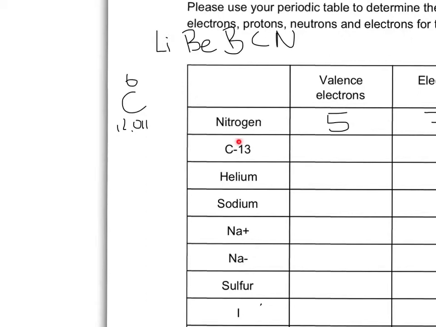Yet, this C13 indicates that 13 is its atomic mass. We could actually even write it like this: carbon, with a little 13 down there. Carbon will always have 6 protons. If it has a different number of protons, it will be a different element. The 13 would be down here, indicating that's its atomic mass, and so 13 minus 6 would give 7 for the number of neutrons.